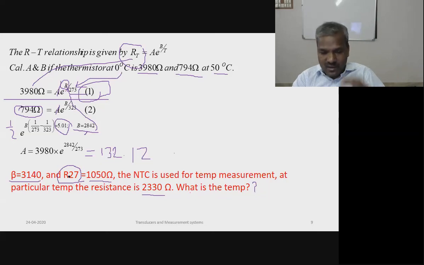At 27 degrees room temperature, the resistance of the thermistor is around 1 kilo ohm. For a 2.3 kilo ohm resistance, what will be the temperature? Is it more than 27 degrees Celsius or less than 27 degrees Celsius?